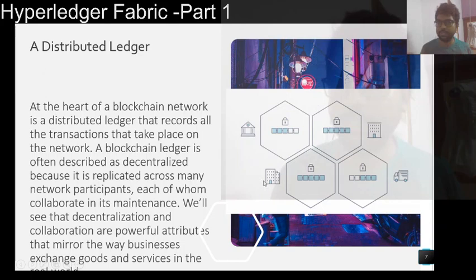Consider there are four participants, and each has its own ledger. It seems to be four ledgers, but they share a single ledger. If there is data in the bank's ledger, the same data will be replicated everywhere. So logically, it's a single ledger. Physically, it has four nodes.